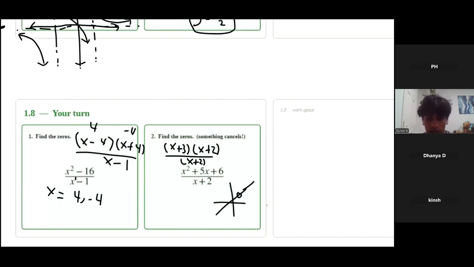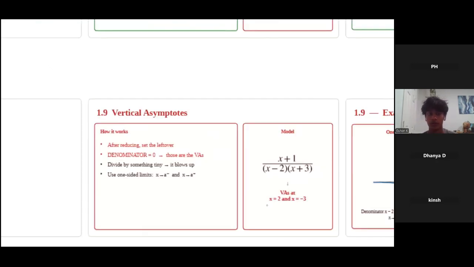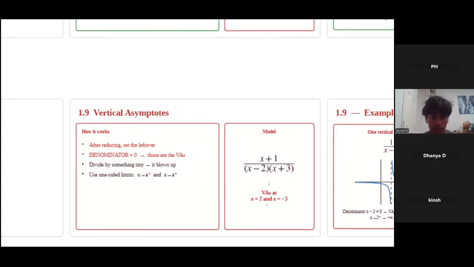Okay, so now next topic: vertical asymptotes. We've already pretty much gone through this, but I'll tell you quickly. Vertical asymptotes are whenever it makes the bottom zero. So x equals 2 and x equals -3 make it 0. Now, here's one addition to what I told you earlier. If you want to find the limits for vertical asymptotes, you have to use this little negative and positive side on the left and right.